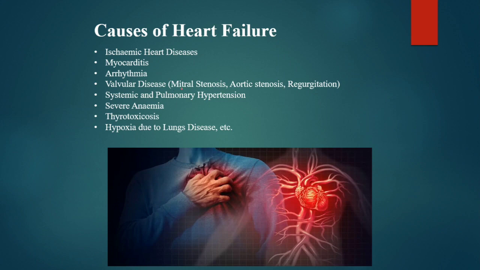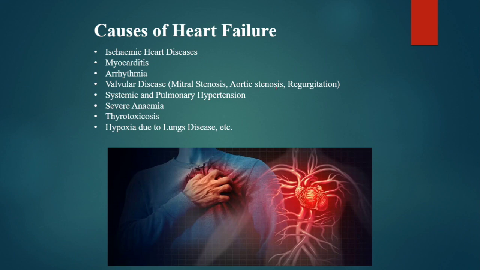Here is some disease called mitral stenosis. In these conditions, the mitral valve becomes so narrow that blood cannot flow through it. Okay, some aortic stenosis. This is a pathological condition of the aortic valve, in which the aortic valve becomes narrow, so blood cannot pass through this valve.